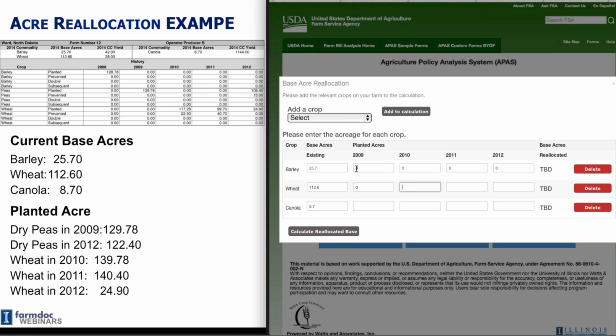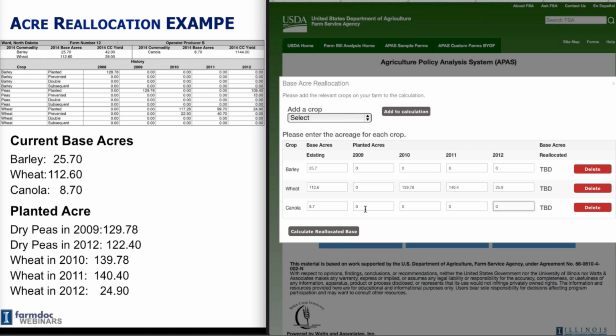Even though they don't have current base, they were planted from 2009 to 2012. So the producer here, or the landowner, would have the option to shift some base into dry peas since there were some acres planted.